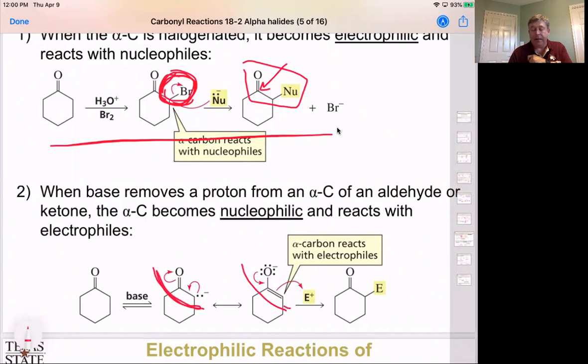And so our enolate here is our nucleophile. And so we can react it with our electrophiles and generate our other compounds. So for example, we can attach an acyl group next to it here, or we can attach an alkyl group here. So whether we're looking to attack it with a nucleophile or an electrophile, we can change the reaction conditions to do either one using the same enolate intermediate.